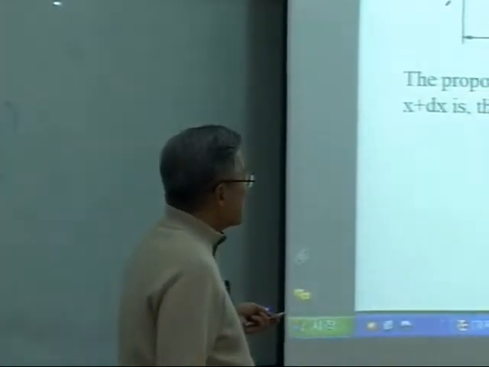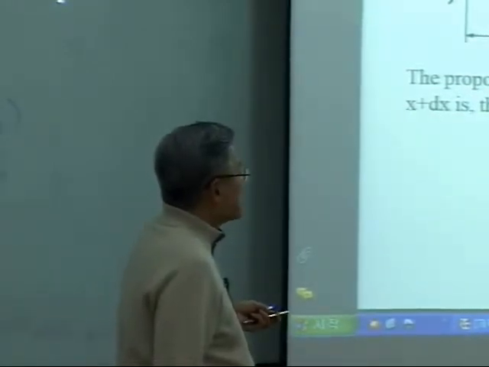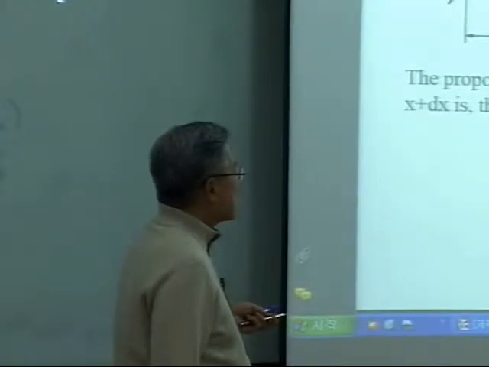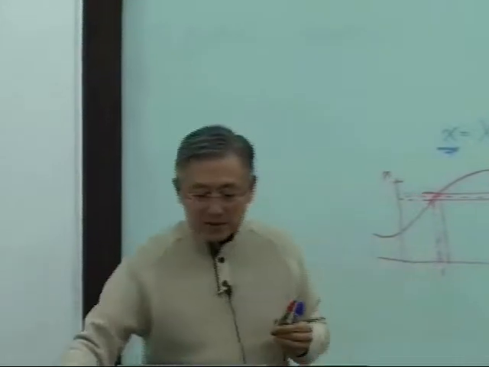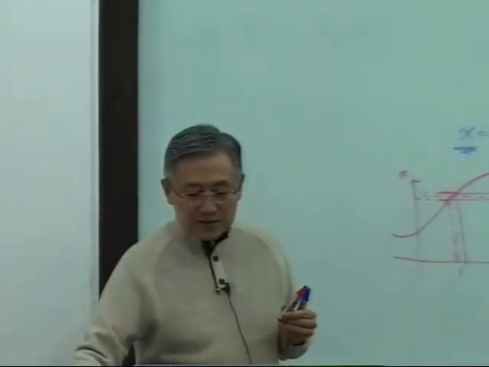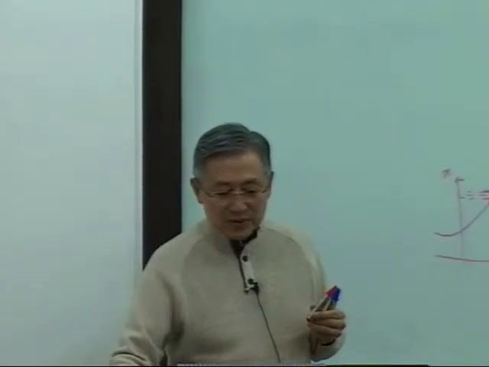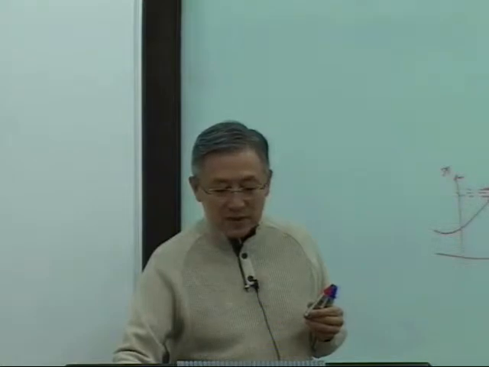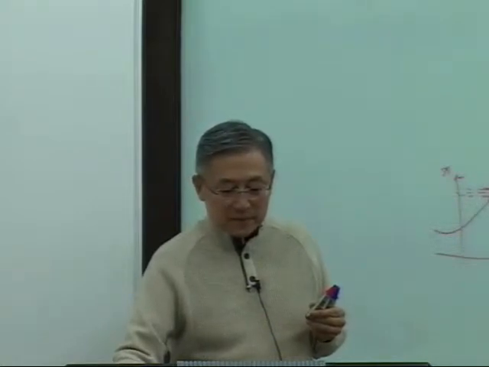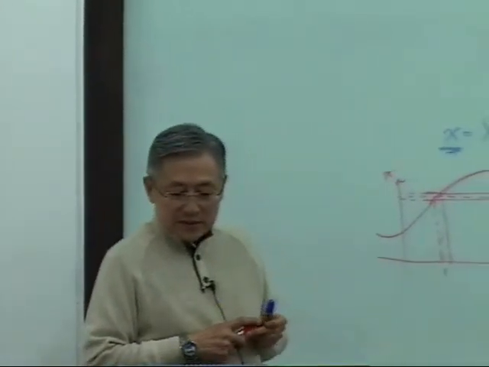Then if you open it up, this becomes dx over pi times the square root of x naught squared minus x squared. So just back to here, from here I just reduce this, this is equal to that over here.